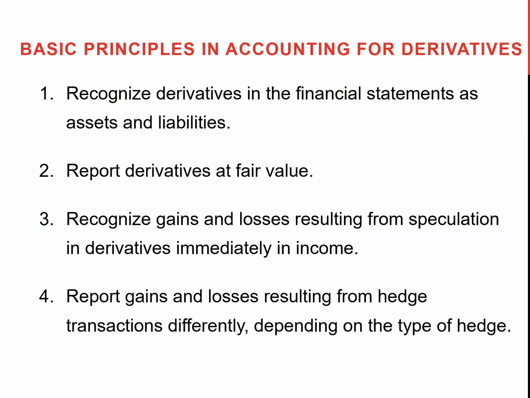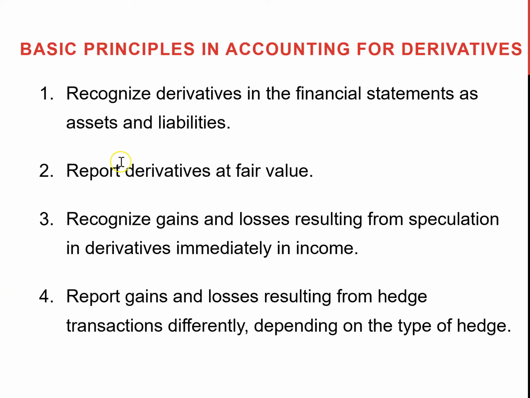So now here we will learn about the basic principles in accounting for derivatives. GAAP tells that you have to record derivatives. If as a company you invest in derivatives, no matter whether you are the consumer, producer, or arbitrageur, you have to record those in your financial statement.